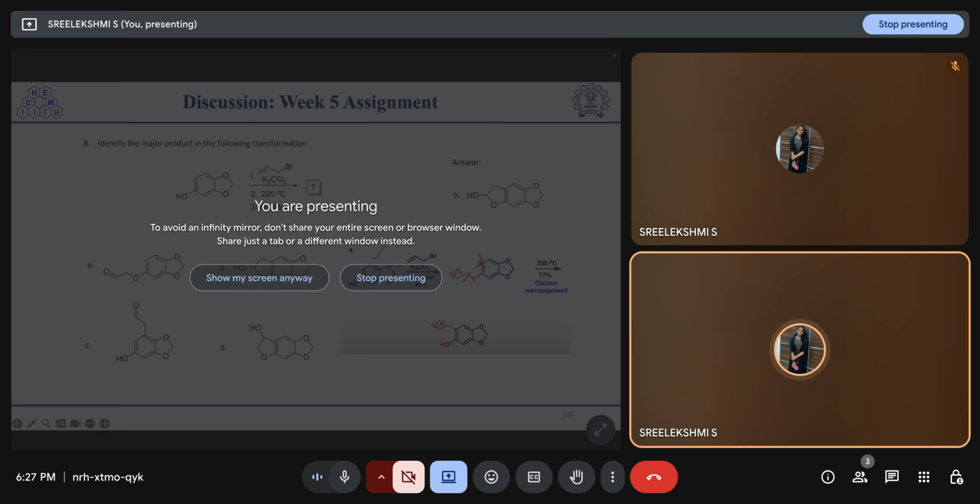So first, O-allylation takes place in the presence of allyl bromide to give this compound. Then Claisen rearrangement takes place when it is heated to 220 degrees Celsius, that is a 3,3 sigmatropic rearrangement. So this group will come over here. Then ozonolysis will give the corresponding aldehyde.